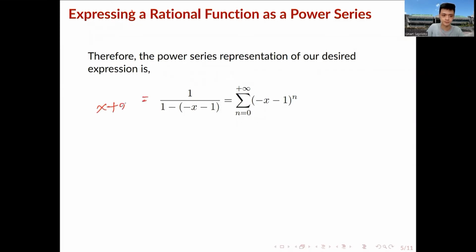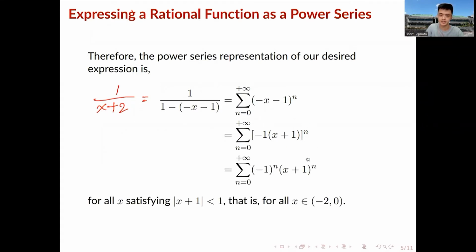Let's take out the negative to make it look nicer. We have negative 1 times x plus 1, and then distribute the exponent. We end up with negative 1 to the n times x plus 1 to the n. This is already a power series representation.